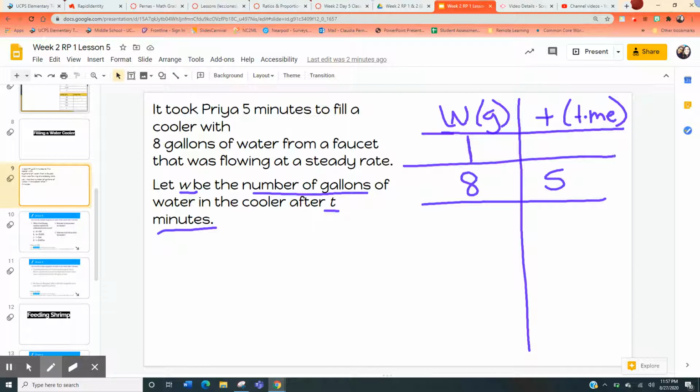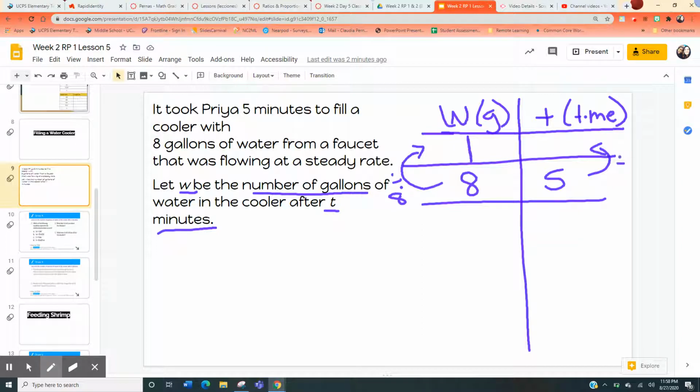I can do one of two steps. I can go up and down, and I know that in order to get 1, I need to do 8 divided by 8, which gives me 1. So whatever I do on one side, I have to do on the other.